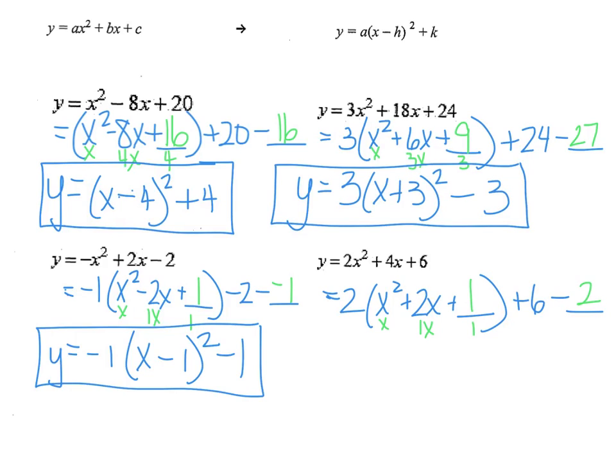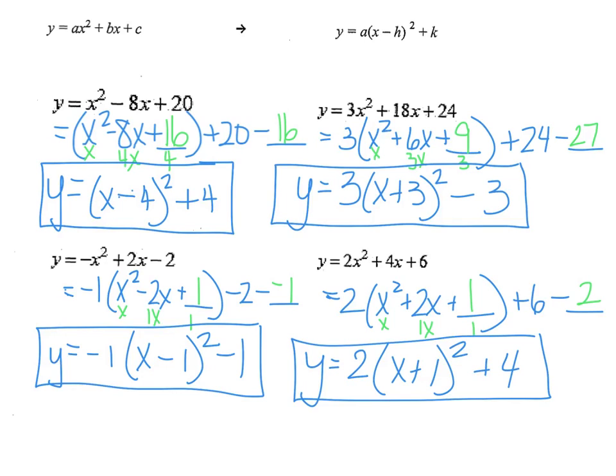Point that out again. 2x comes from 1x, 1x comes from x times 1, 1 squared gives us 1. 1 times 2 gives me 2. y equals 2 times x plus 1 squared plus 4. Vertex form. Where's the vertex if they ask you? -1, 4.